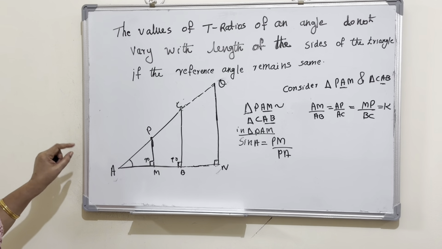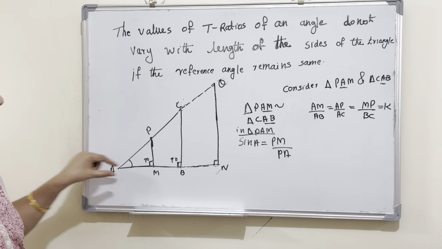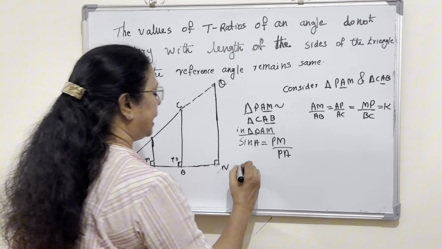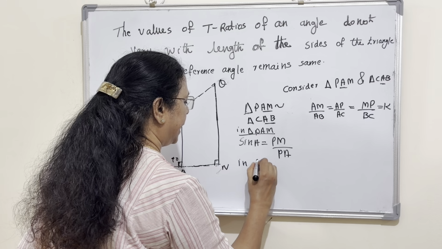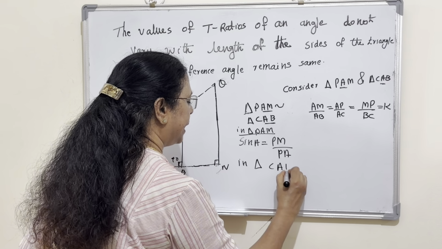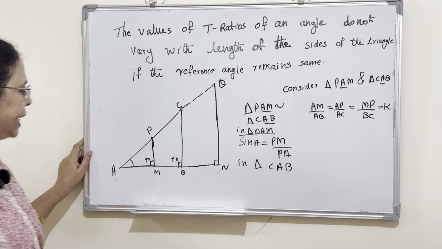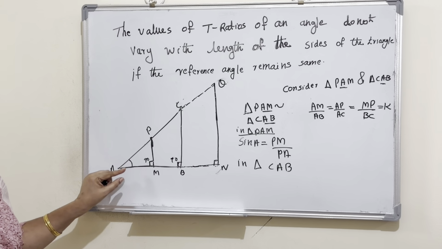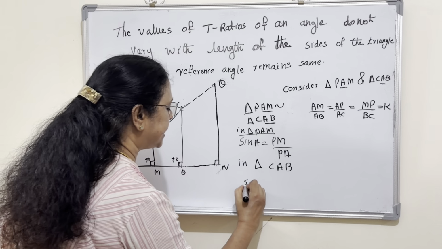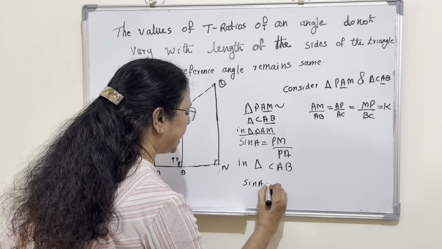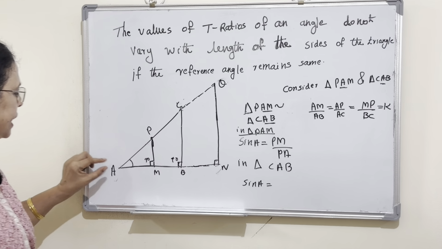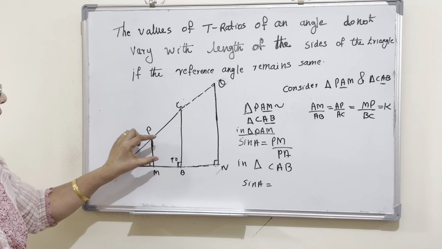Now let me take triangle CAB. In triangle CAB, what is sin A? Again the same reference angle. Sin A is equal to opposite side by hypotenuse. Which is the opposite side in triangle CAB?